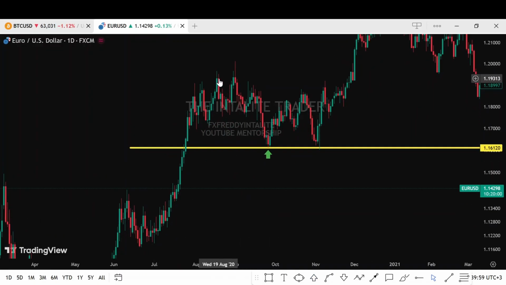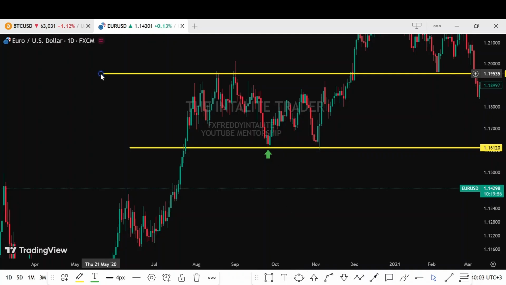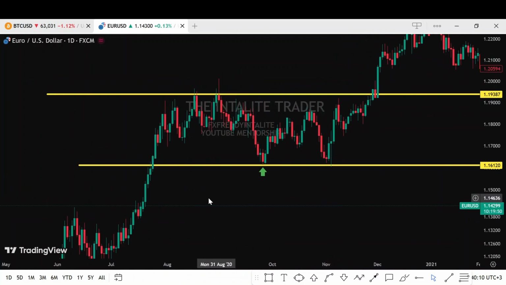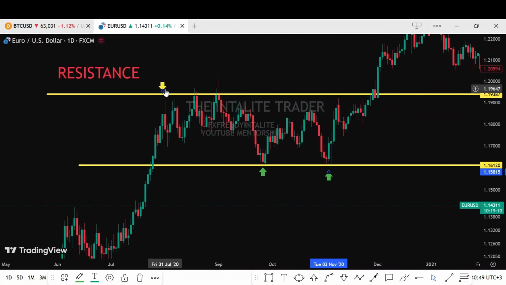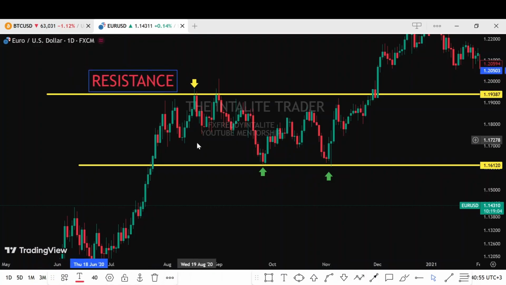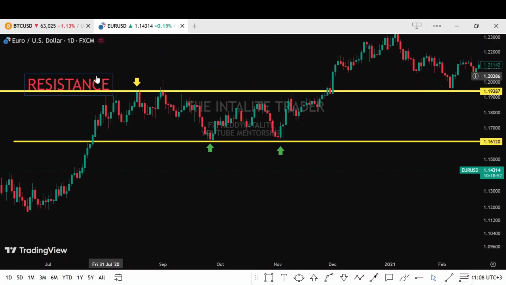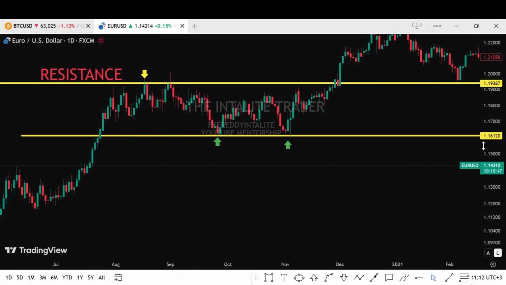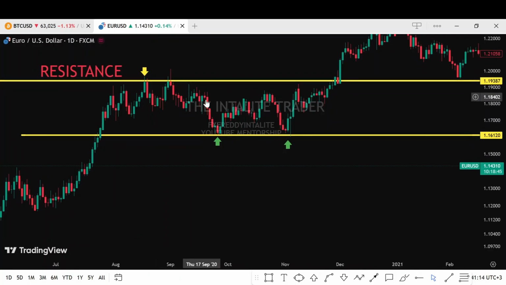It found resistance. If I mark this level here, this becomes our resistance. So this price was moving up. It came and found resistance at this level. It found rest at this resistance level marked. Then after that, it traded lower.